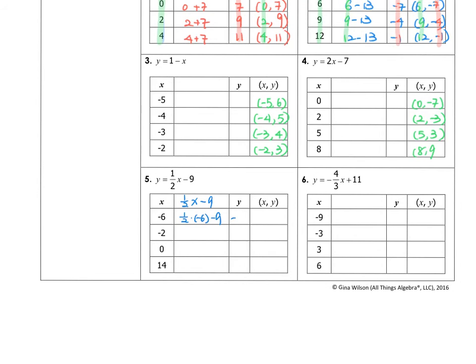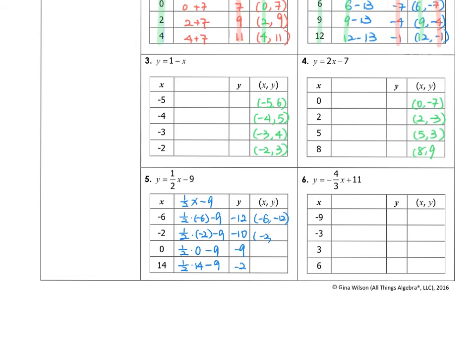You use your calculator, you should have -12. 1/2 times -2 minus 9, you should have -10. And then 1/2 times 0 minus 9. Those are some of my favorite numbers because anything times 0 gives me 0. 1/2 times 14 should give me 7. 7 minus 9 should give me -2. So that is your number 5.